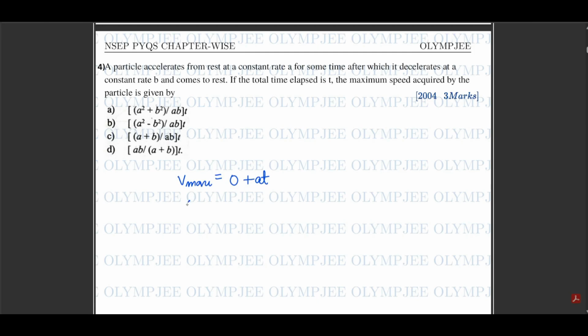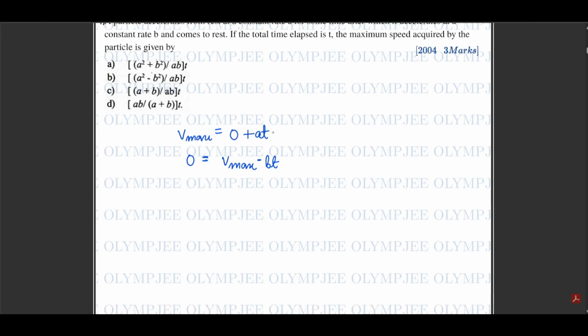And then we can also write that 0 is equal to v max minus b t2, because it comes to rest after it decelerates at rate b. From here we find out that t1 is equal to v max by a.